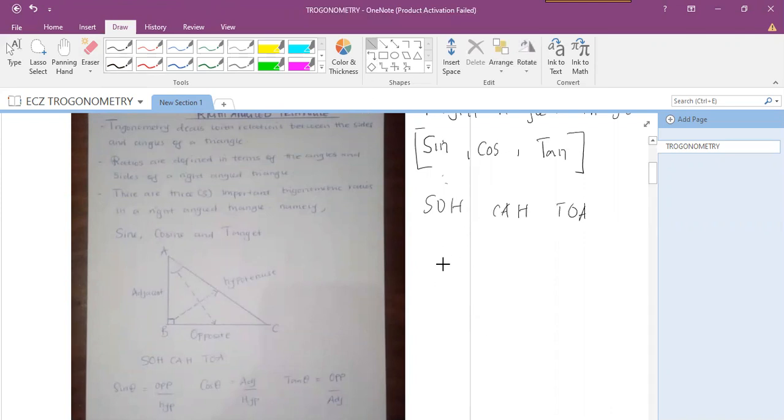Let me try to draw a right angled triangle properly. Let's see, just inserting lines so that we can have a proper right angled triangle.